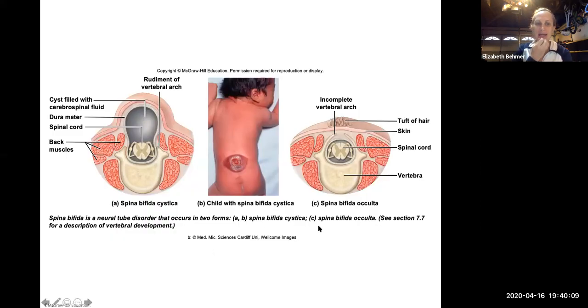Spina bifida. This is probably one you've heard of before. It's a neural tube disorder that occurs in two forms, spina bifida cystica and spina bifida occulta. If you're looking at the picture in letter A, it's when the vertebral arch, where your spinous process would form in your vertebra, with the spinous process and the lamina, does not completely form around your spinal cord going down your back.